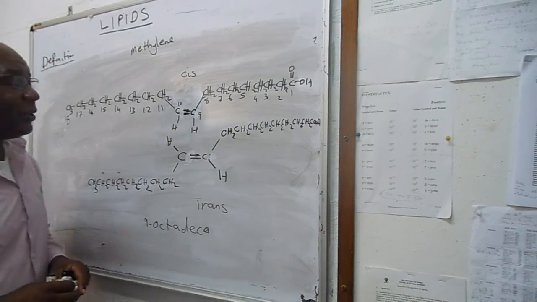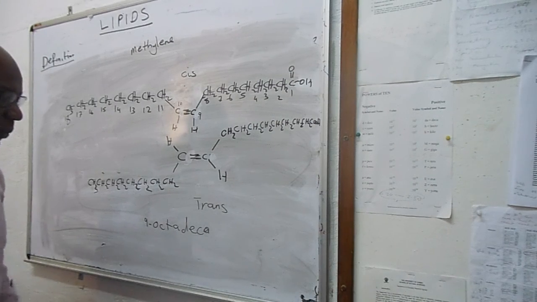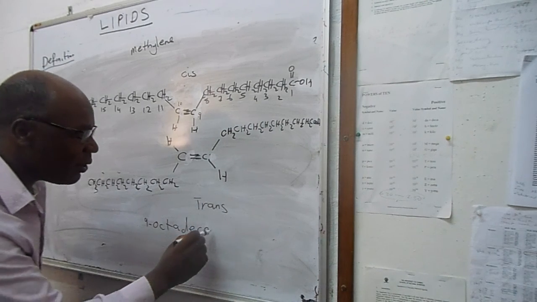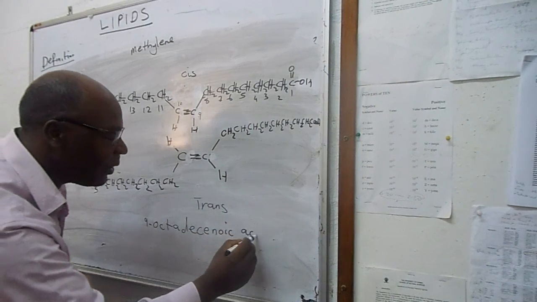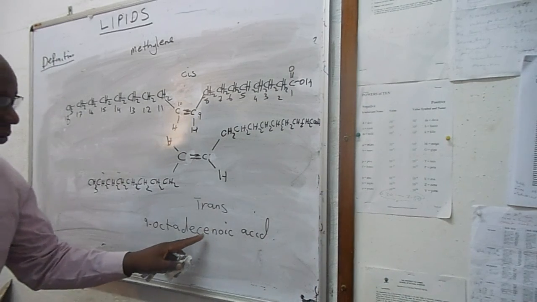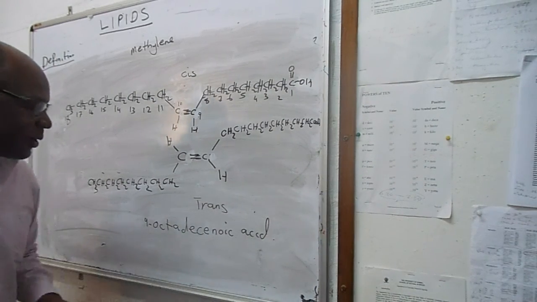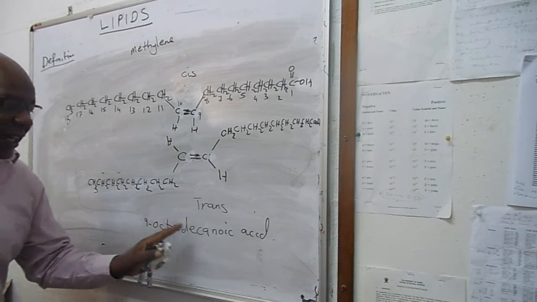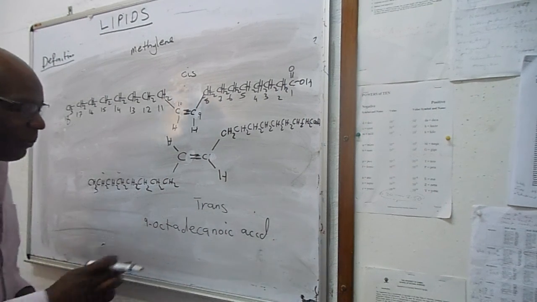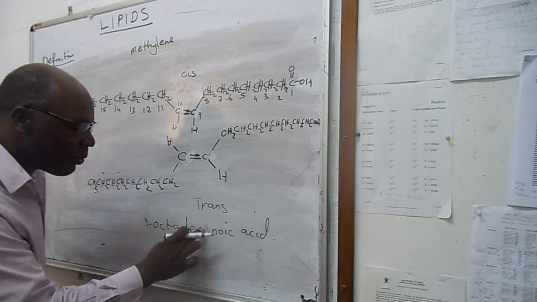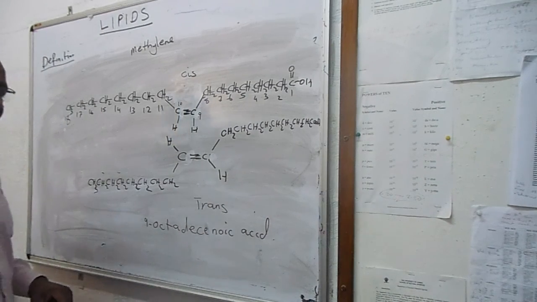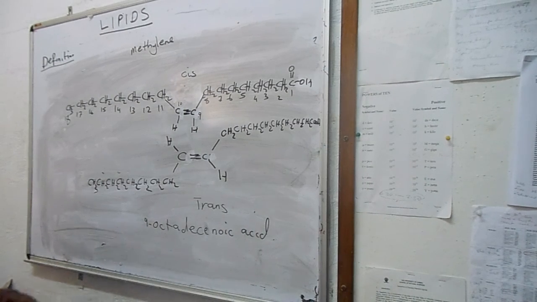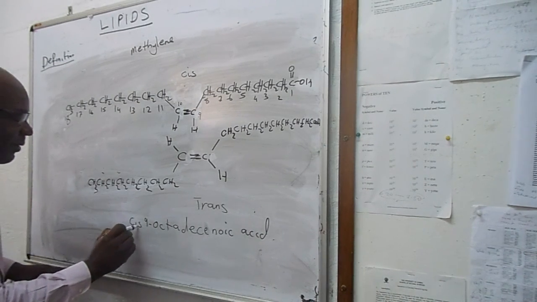Sorry, since this has a double bond, the A is replaced with the E. Saturated will be called octadecanoic acid, but since it has a double bond, the A is replaced with the E, so 9-octadecenoic acid. So we will have the cis, the first one.